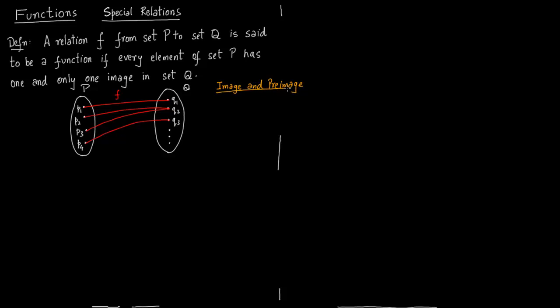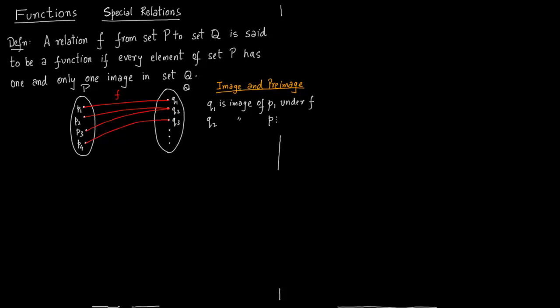So let us talk about this business of what we call image and pre-image. So Q1 is the image of P1 under F. So under this function F, or we can say under this relation F, there is precisely one image.